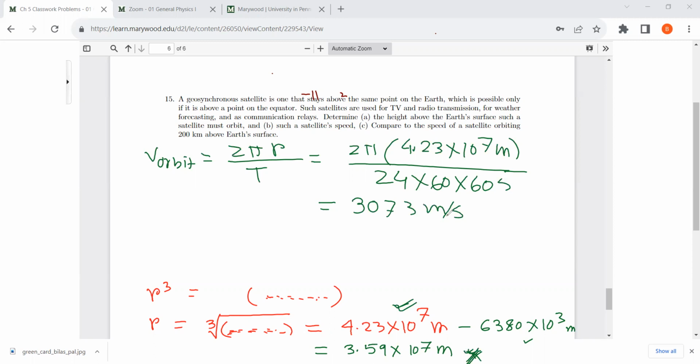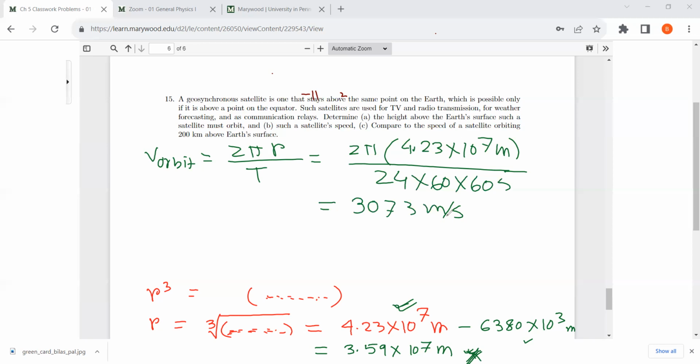You see that this is lower than the space station's speed. The space station speed, I remember, was 7,600 meter per second. It's less than half even. So as it goes away from the surface of the earth, the speed decreases. Close to the surface, when the satellite is at around 400 kilometer, the speed is 7,600 meter per second.